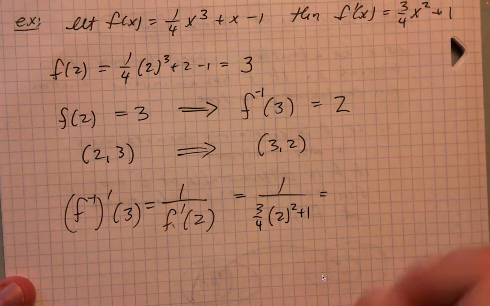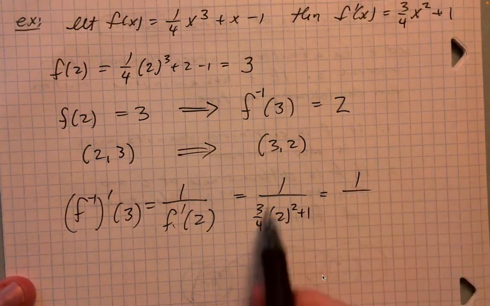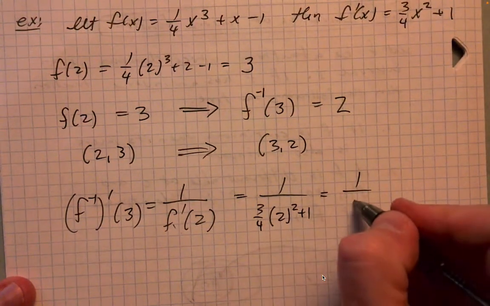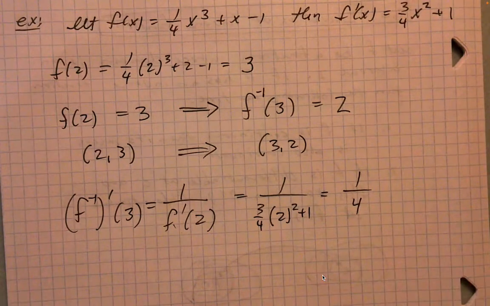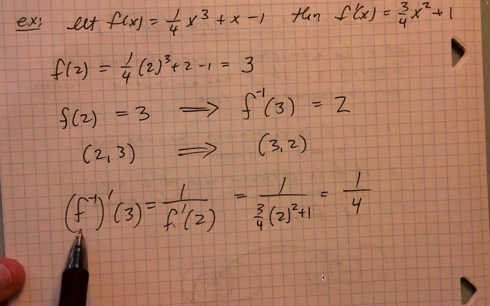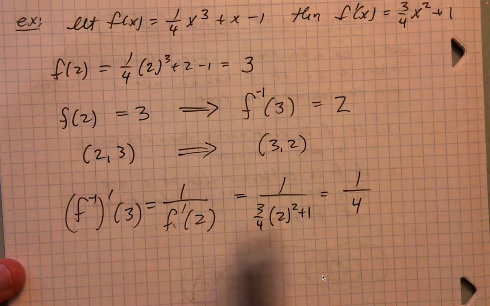So it is 1 over, and then when you do all of this, you get 3 plus 1, so it'd be 1 over 4. Okay, so the derivative of the inverse evaluated at 3 is 1/4.